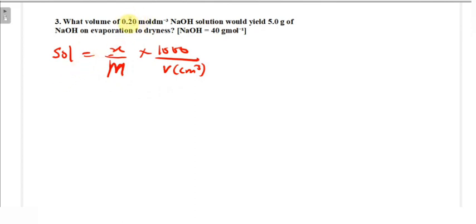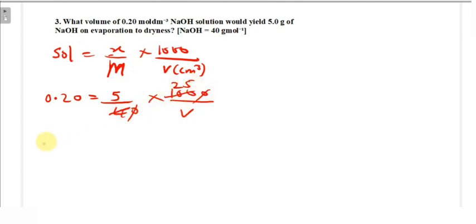So the solubility is 0.20. That's equal to the reacting mass, that's 5, divided by the molar mass, 40, times 1000 all over V. So this will cancel out this. And for here, we have 25. So 0.20 is equal to 5 times 25, which is 125, all over V. Then cross multiply.